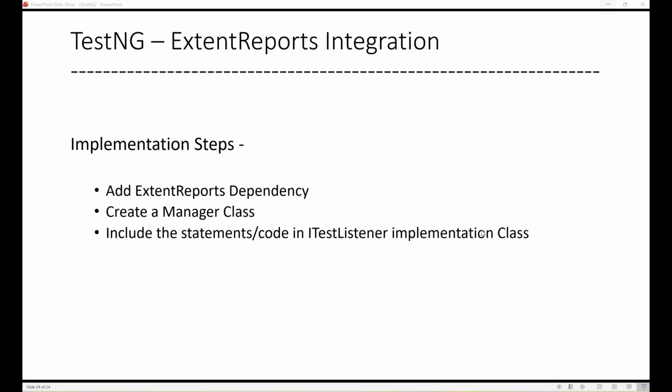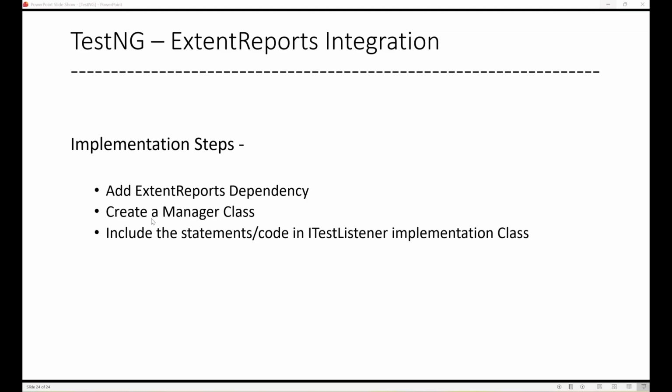In order to enable extent reports in TestNG, we need to follow a couple of steps, and here I have listed them down. First, adding the extent reports dependency, which we will be importing from the Maven repository.